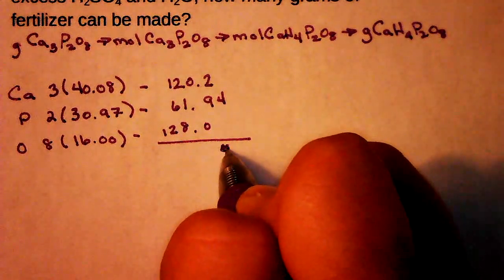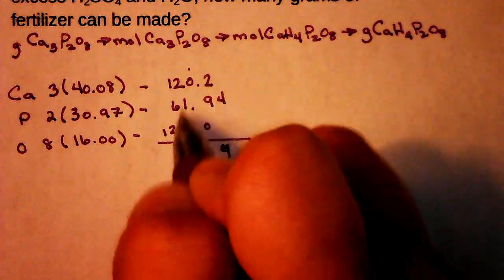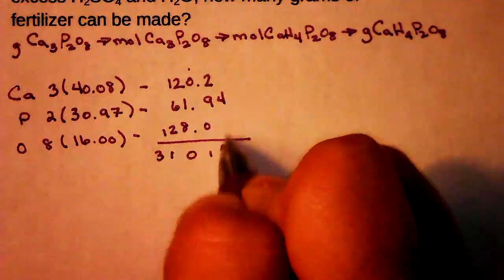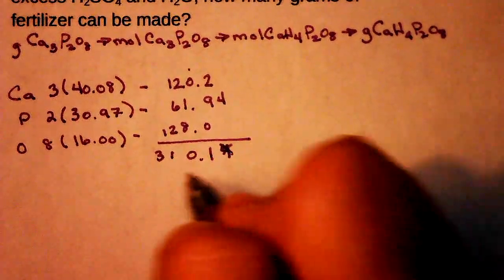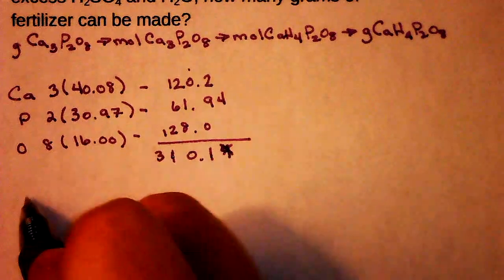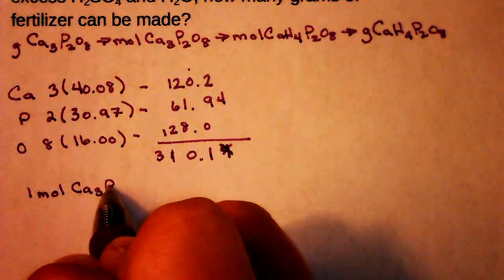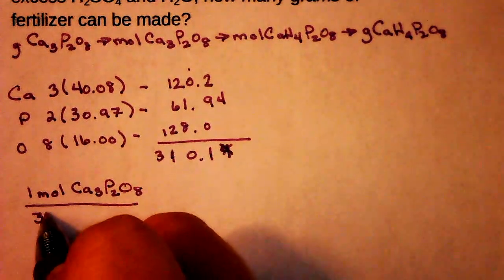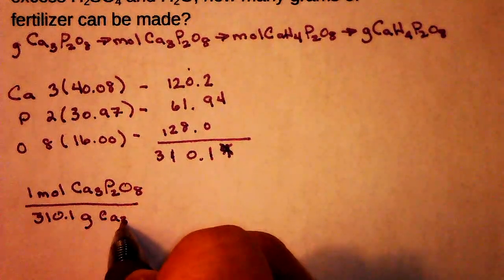Yeah, we get 310.01. All right, for our significant figures. And remember that number represents 1 mole, so for every 1 mole of Ca3P2O8, we've got that many grams of that substance. That's what that molecular mass helps us sort out.